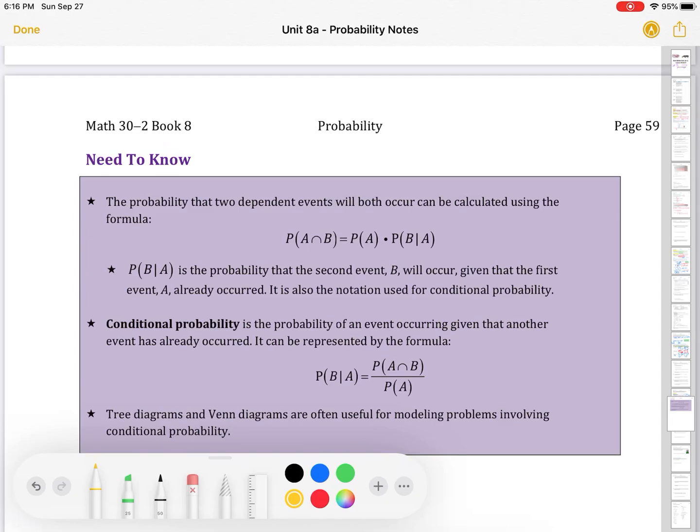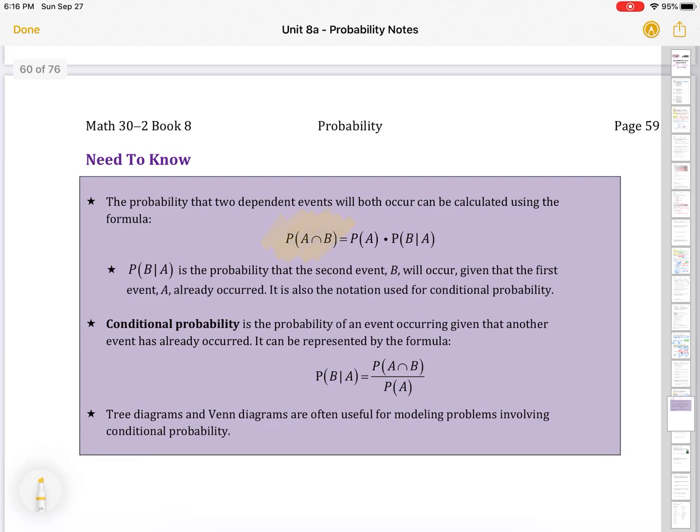So the probability that two dependent events will both occur can be calculated using this formula: P of A and B is equal to P of A times P of B given A. Now, P of B given A is the probability that the second event, B, will occur given that the first event already occurred. So we know A happened. It's just now what's the probability B will happen.